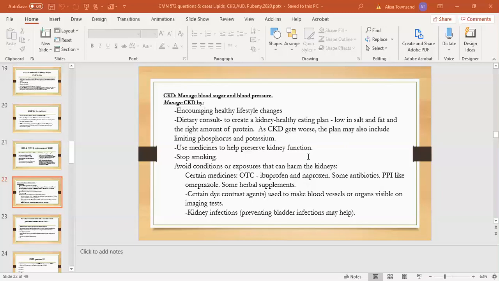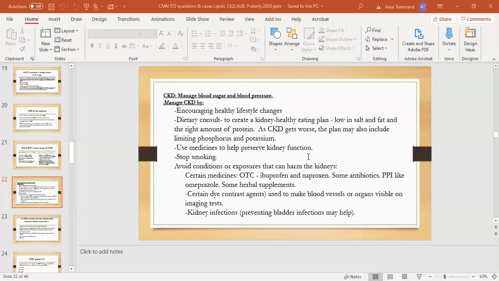Decrease the salt, no more than 2 grams daily, and no more than 2 liters of fluid, or restrict the fluid, because they can get volume overload, so be careful with that. Their phosphorus and potassium are going to become a problem as the kidney disease advances.